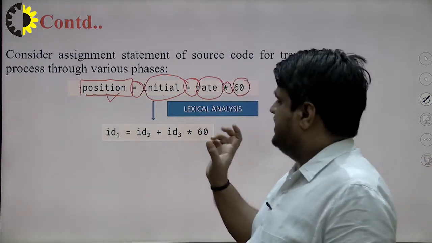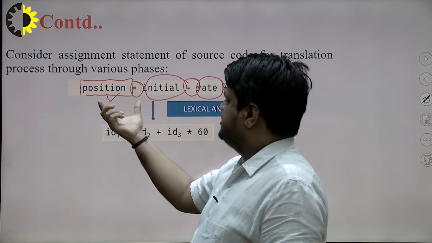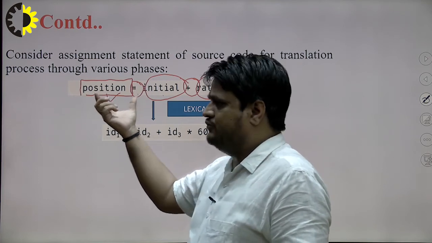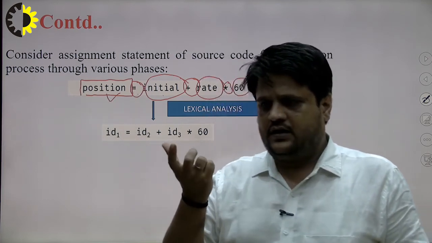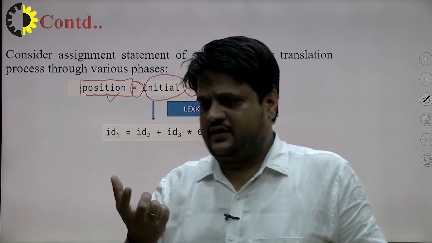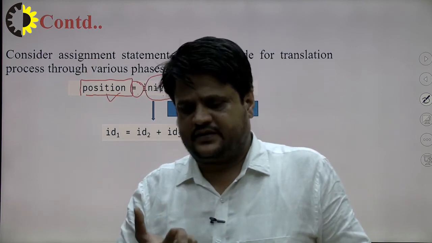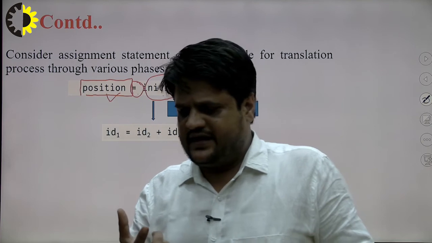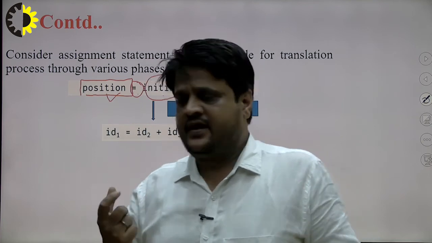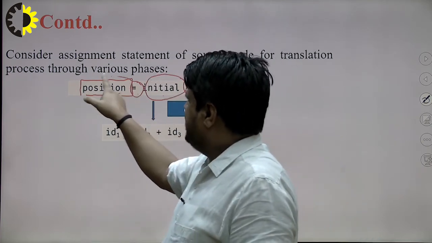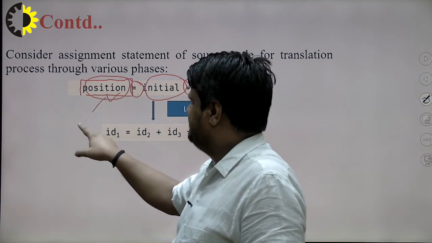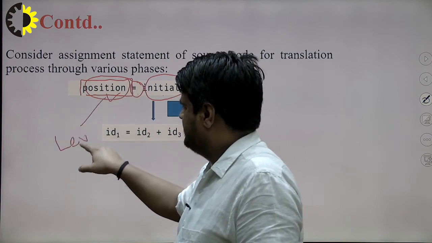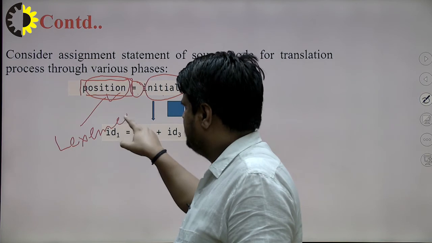What happens according to the lexical analysis phase is that it will find out the type of those logically related characters, or logically related entities. These logically related entities are called lexemes.